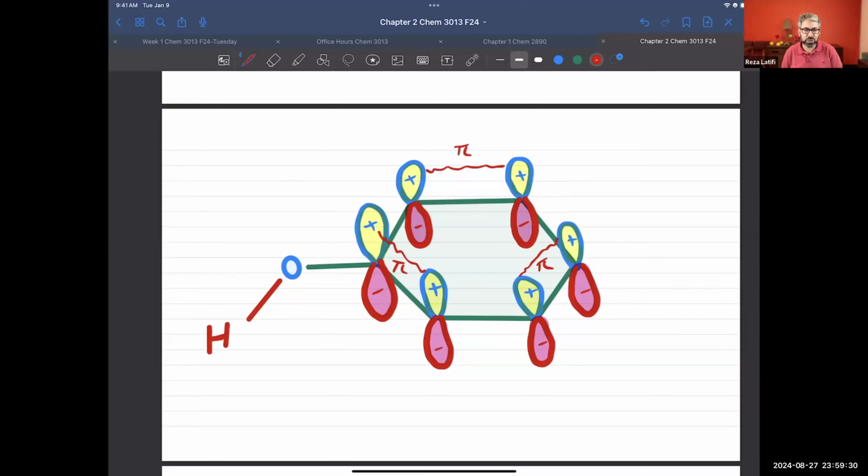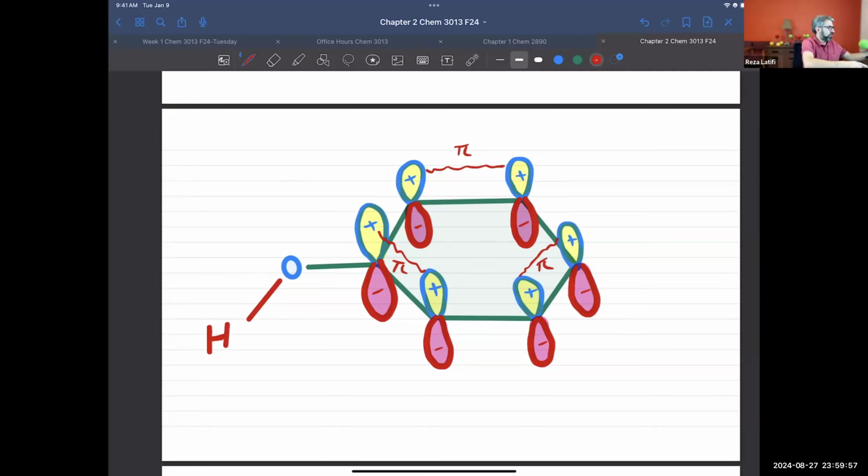Now let's show the hybridization of oxygen. Oxygen right now is attached to two atoms, carbon and hydrogen, and they are inside the plane. Which plane? This is oxygen attached to carbon. Where is hydrogen? Hydrogen is exactly inside the same plane as the ring.